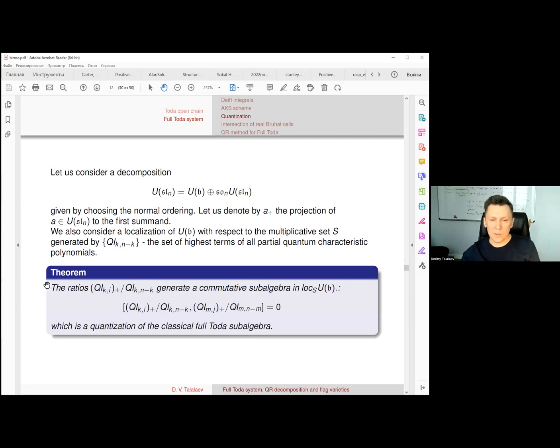Okay, so the theorem states the following, that these quotients, the coefficients of the characteristic polynomial, its positive part, so the projection to this summand divided by the highest term of the Hamiltonian of the characteristic polynomial, generate a commutative subalgebra in a localization of the universal enveloping algebra with respect to this multiplicative set, which is a quantization of the classical full Toda symmetric subalgebra.